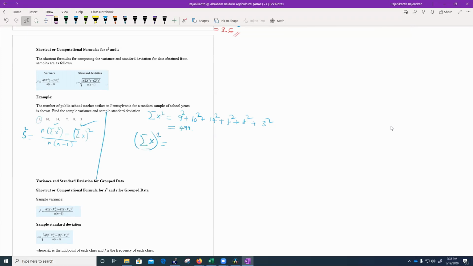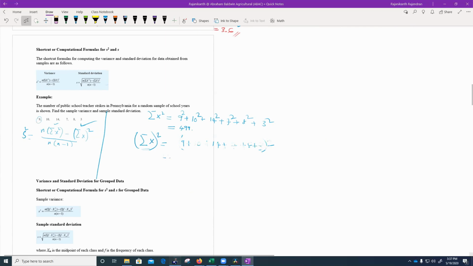My first data value is 9. Just add them: 10, 14, 7, 8, and 3. Then square. You see, these two things are different. Here, squaring then adding; here, adding then squaring.